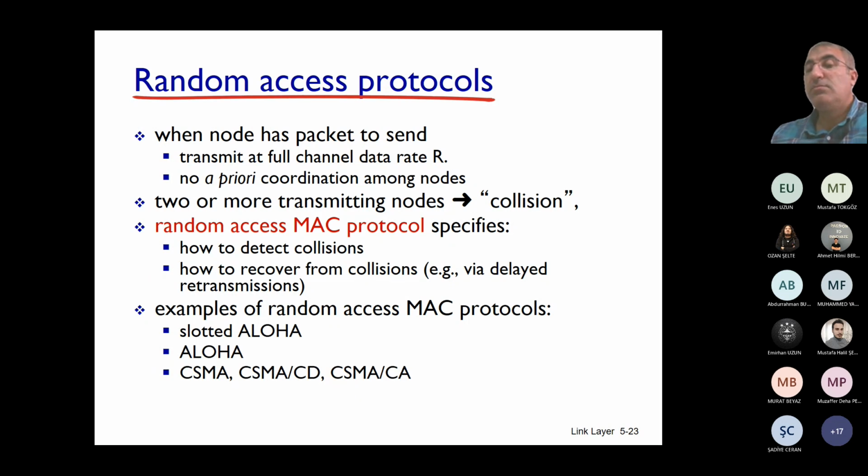But in such a case, we may end up with a collision, right? If two or more transmitting nodes try to send a packet at the same time, we may end up with a collision. That's why random access protocols need to address the following issues: how to detect the collisions, and then after detection, how to recover from these collisions.